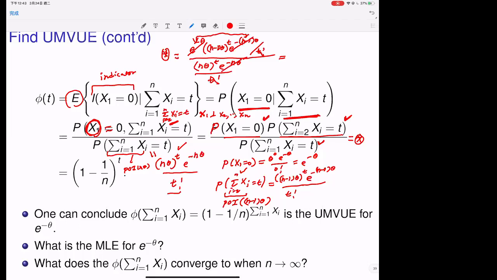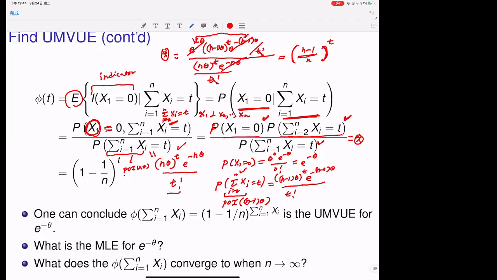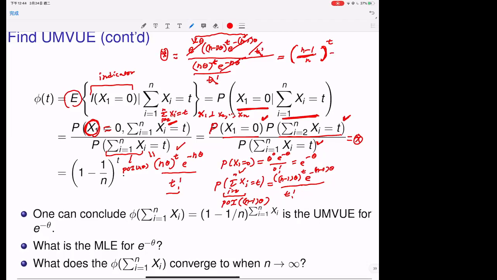And then I bet you have t outside, and the inside would be n minus 1 divided by n. If we put t right here, I can have the overall bracket, with denominator n and numerator n minus 1. So that's exactly the same thing as the answer I have right here, which is t. Check.